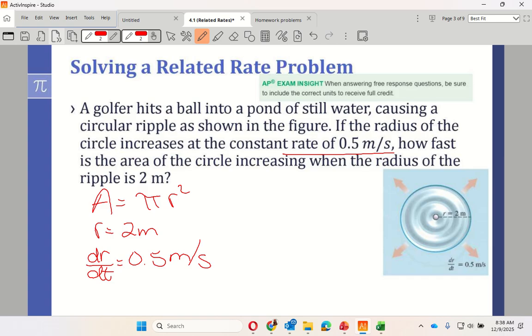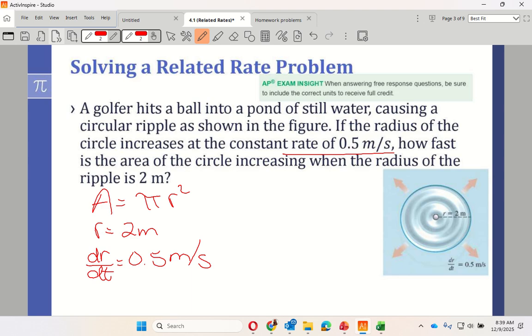Now, this is important here. So now we're going to use this information to try and solve for this. What am I looking for? That's next. How fast is the area of the circle increasing? So it's the area of the circle increasing. So that's the rate of change of the area.